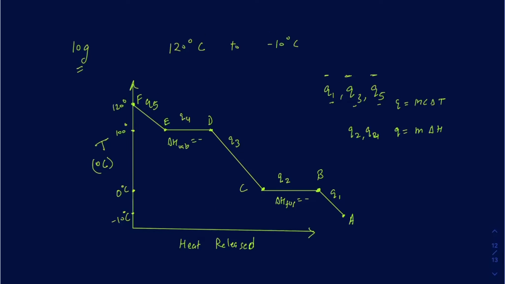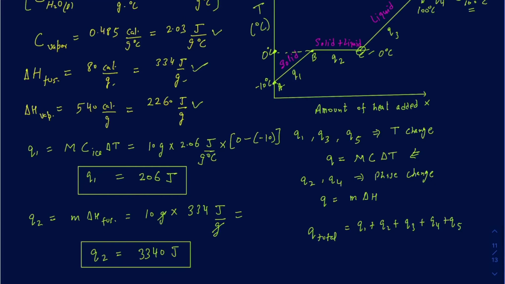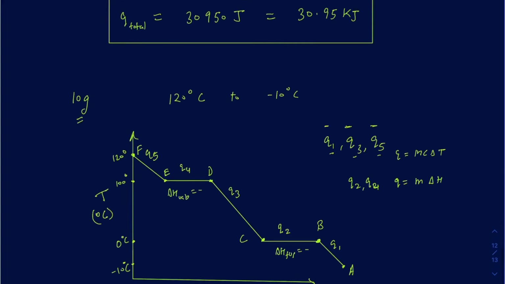That's because, remember, when you have an exothermic process, the delta H is negative. Here I have written those as positive, so you just have to know that when you're decreasing the temperature and going from liquid to solid or from gas to liquid, you take those delta H's as negative because those are your exothermic processes.